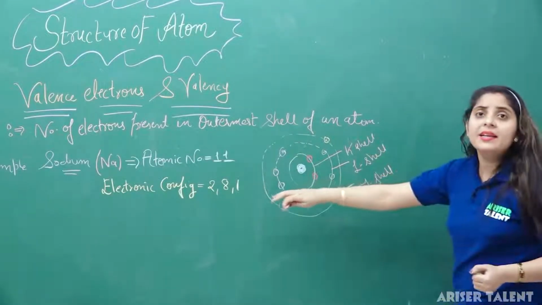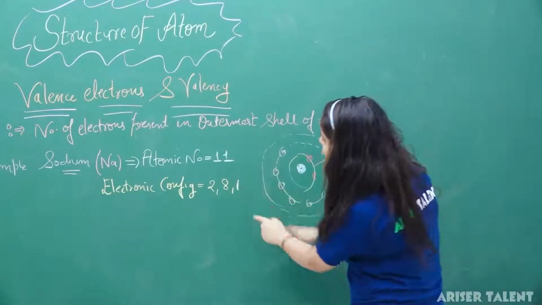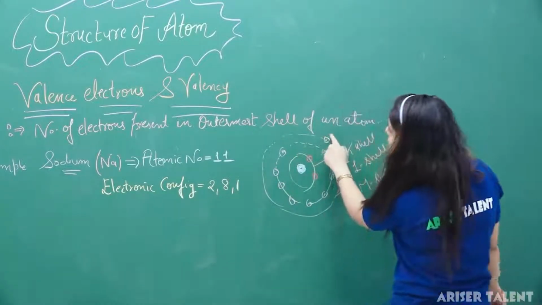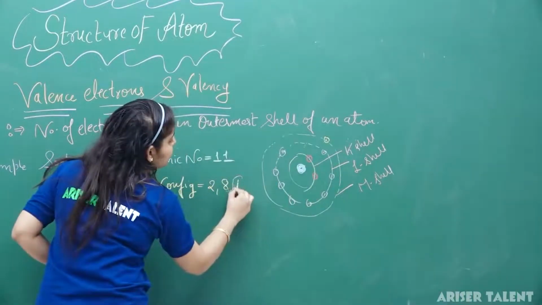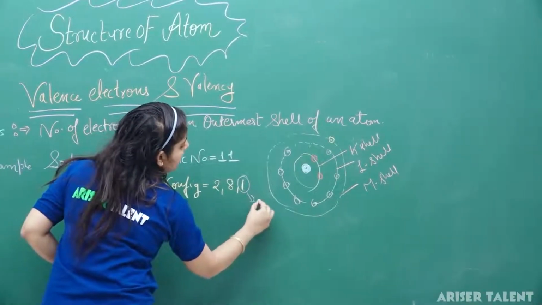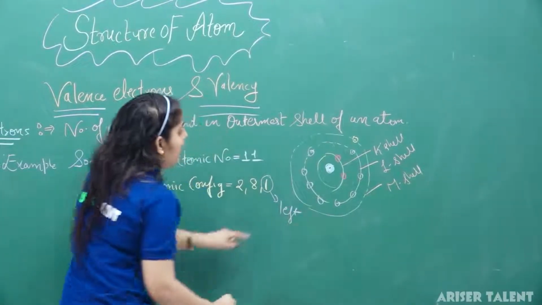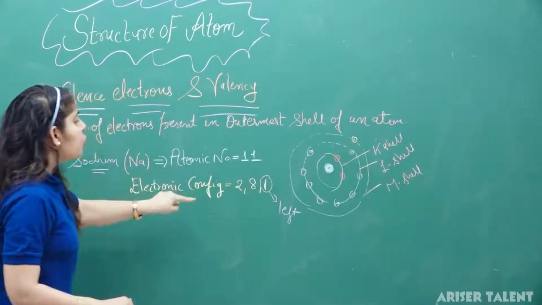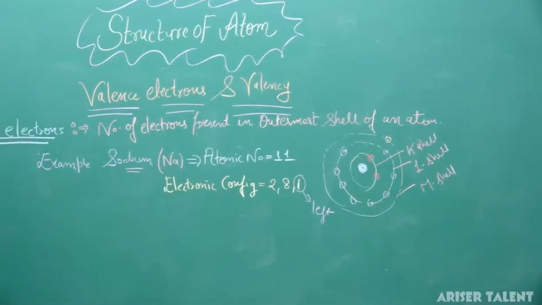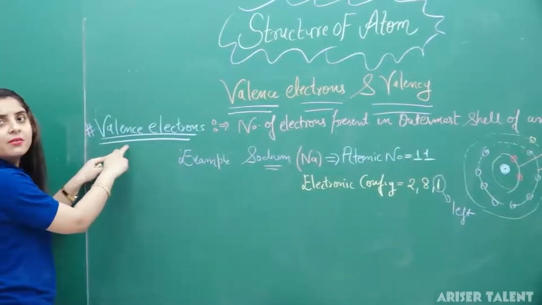So, we can clearly see here there is 1 electron left in the outermost orbit. This is 1 electron left and it is present in the outermost shell. So sodium is having a valence electron equal to 1.